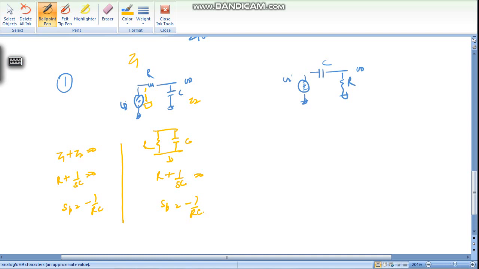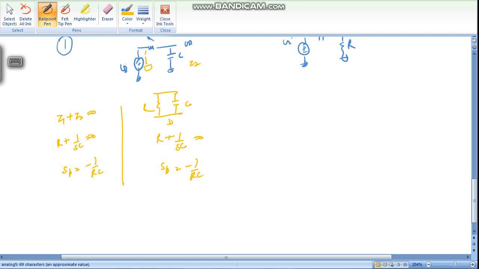Now let's consider this case and find out whether a zero exists or not. The condition for a zero is that Z2 equals 0 and Z1 is not 0.